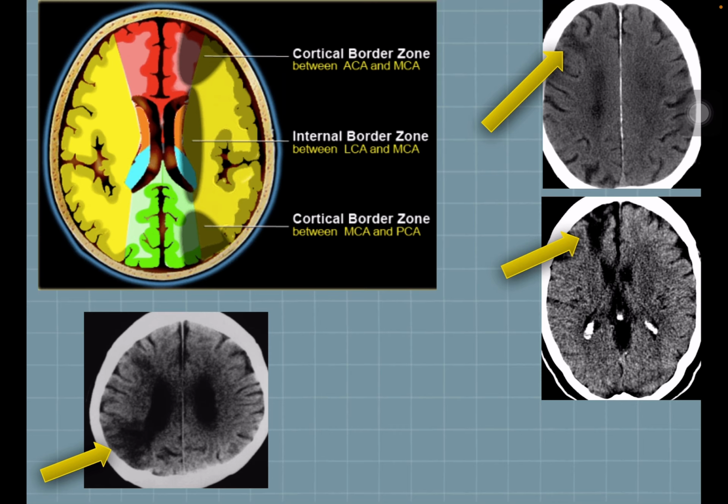Next is the internal border zone, which lies between the ACA and the MCA. And next is the cortical border zone between the MCA and PCA. This is an example of watershed infarct at the border zones between the major cerebral arteries.